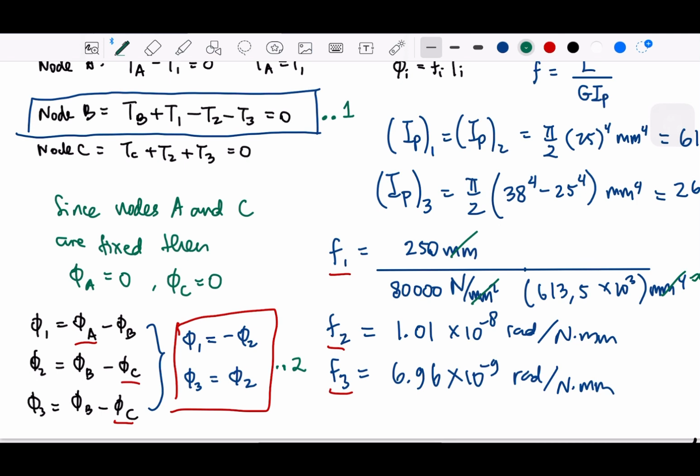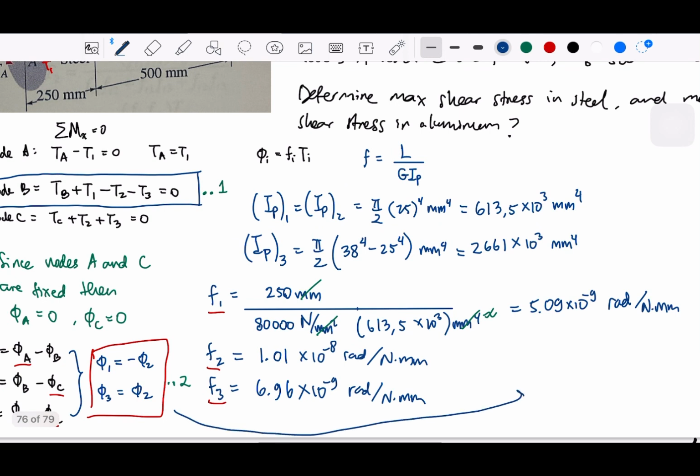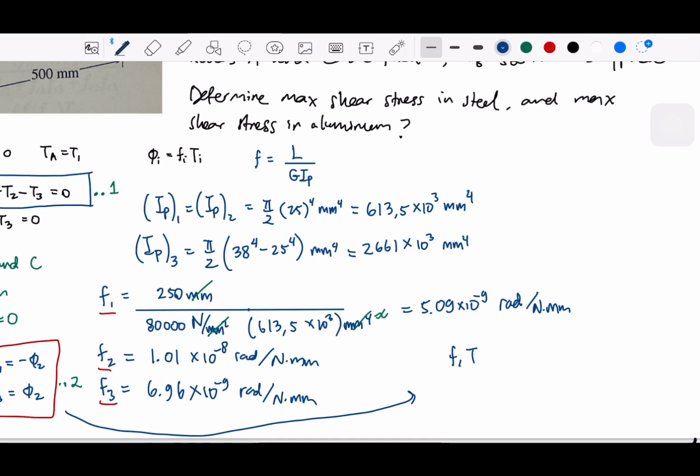So we can just plug in, because this is equal to F times T. So let me write here that F1 T1 is equal to negative F2 T2, and F3 T3 is equal to F2 T2.